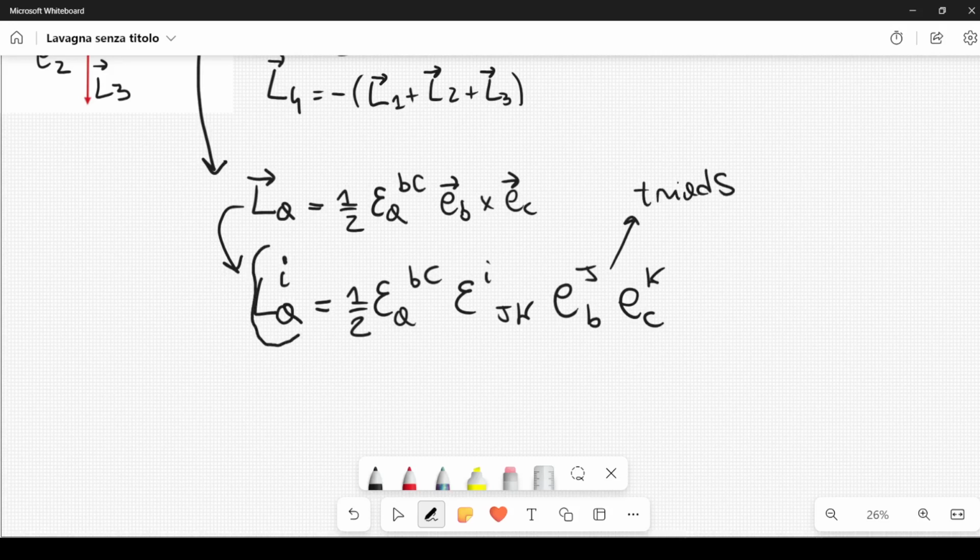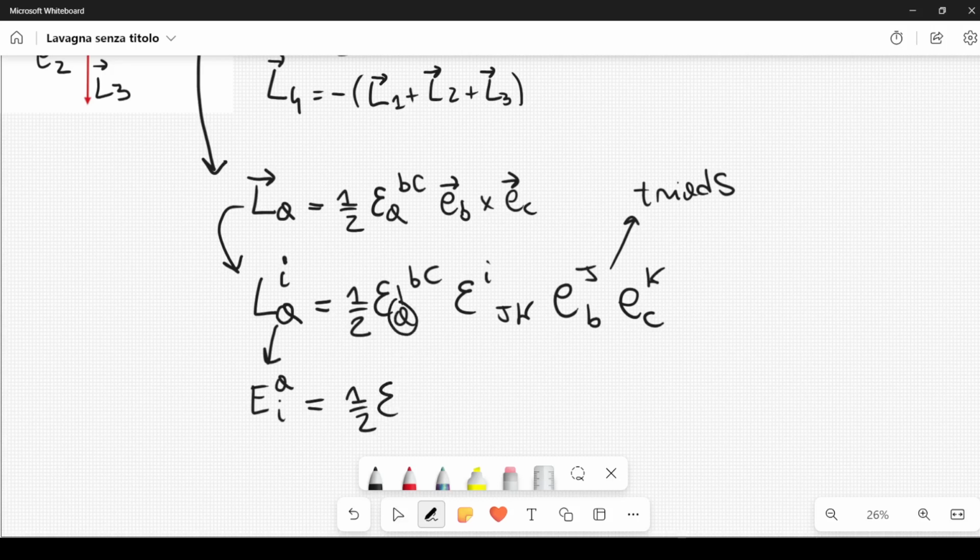And these components L^I_A can also be rewritten in terms of what we previously called the densitized triad E^A_I. You can see that I have simply switched these two indices. I will become a subscript, whereas A will become a superscript. So here I simply have to rewrite the same formula, but I have 1/2 epsilon.